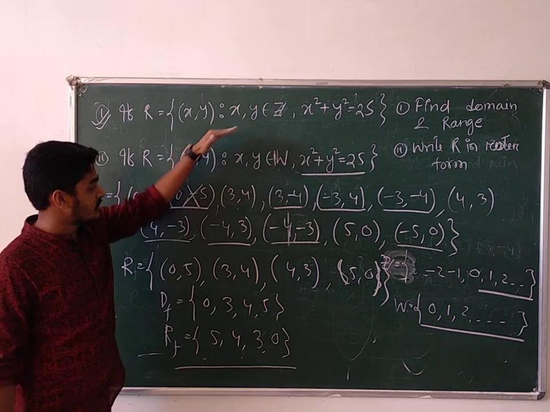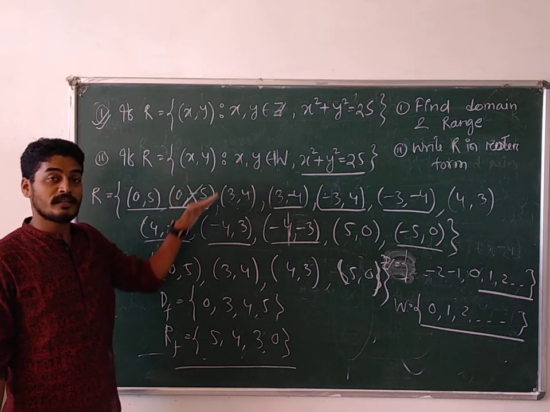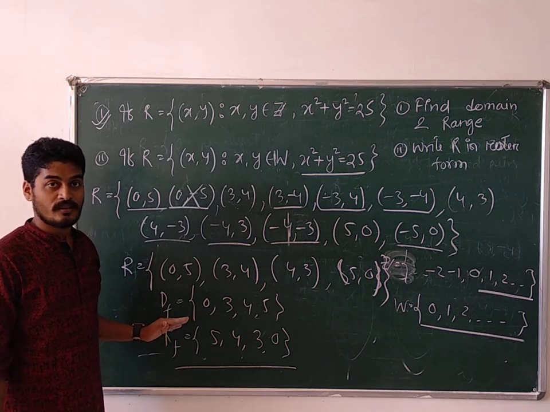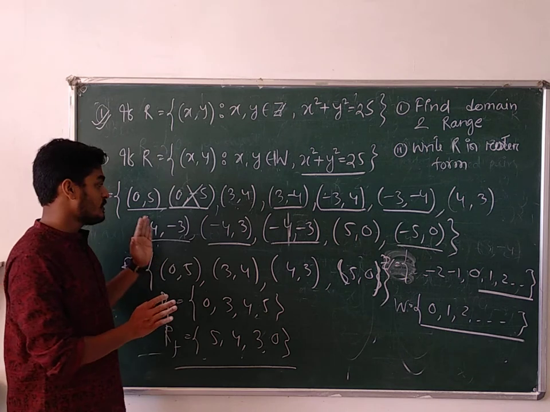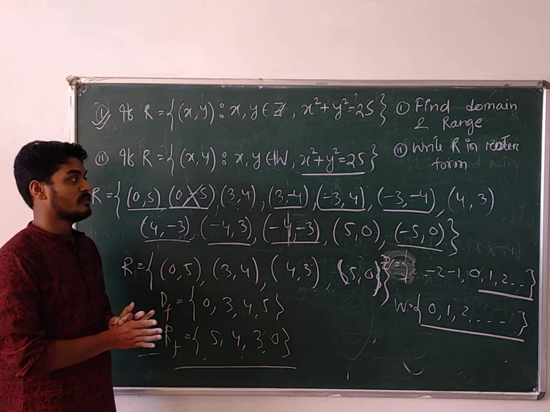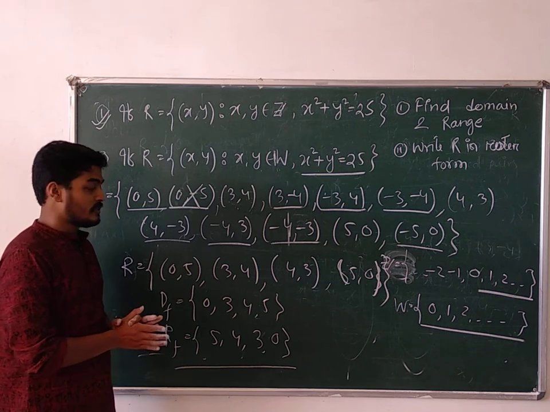Here I identified the ordered pairs that satisfy the first set and separately those that satisfy the second set. Okay, you are getting the domain as well as the range. The first component always represents the domain and the second component represents the codomain, as well as the range set also.